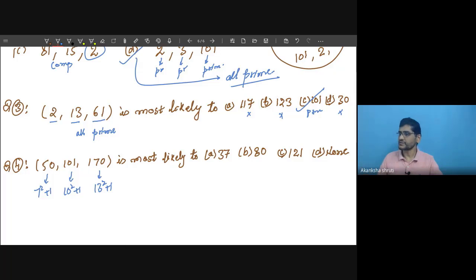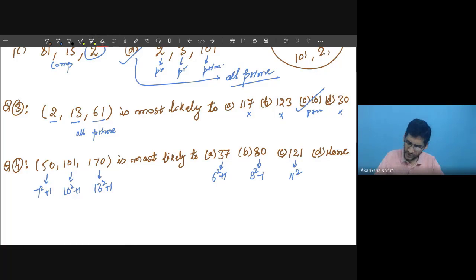So these are the square numbers with reference to which we are allocating. Is there any number which can be written in terms of this? Yes, 37 is 36 plus 1, so it is 6 square plus 1. But think of the other, 80. It is 81 minus 1, so it is 9 square minus 1. And 121 is 11 square.